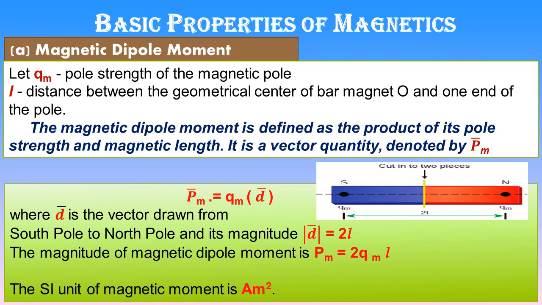So the magnitude of magnetic dipole moment is Pm equal to 2QmL, like we have 2qa in electrostatics. Here the SI unit of magnetic moment is A m square.